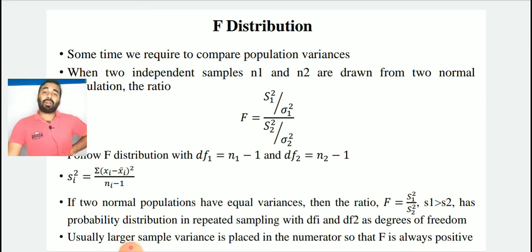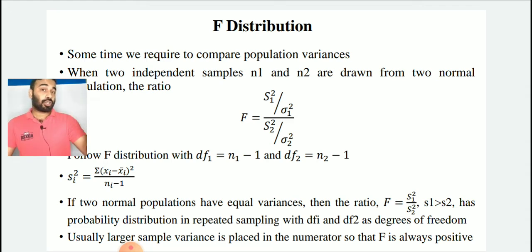We already studied how to find the variances. It is nothing but the sum of x minus x bar squared divided by n minus 1. For the first sample, we find the sum of x1 minus x bar 1, whole squared, divided by n1 minus 1. For the second sample, 1 will be replaced by 2, all other things will be the same.